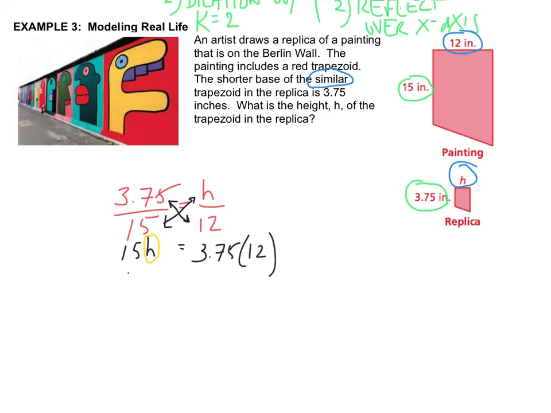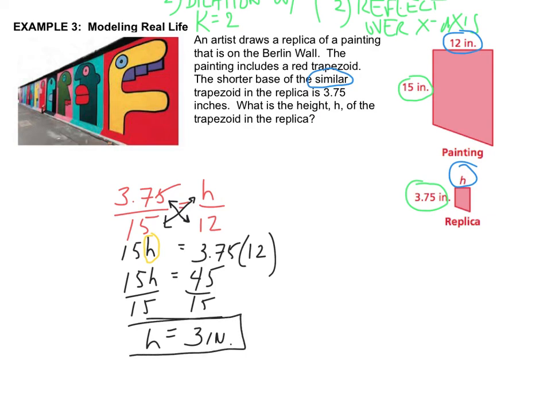So first, I'm going to do a little bit of combining here. I can do 3.75 times 12, which is 45. Now, I just have to undo multiplication by dividing. So H equals 3, which with a label, because we have to make sure we include our labels, would mean the height of the little, smaller, similar trapezoid is 3 inches.